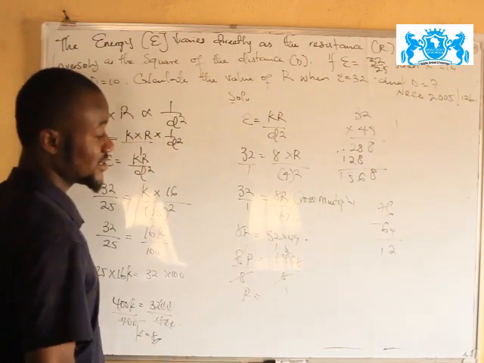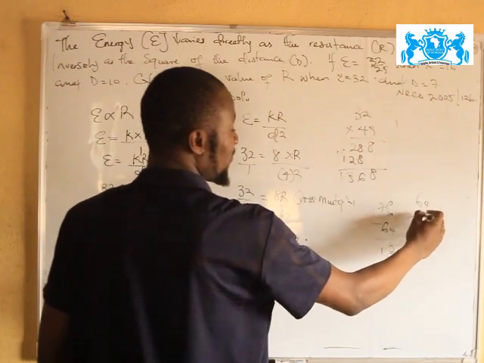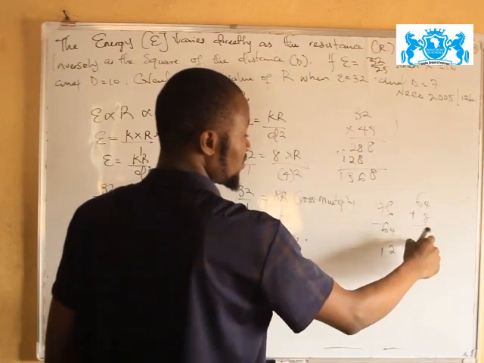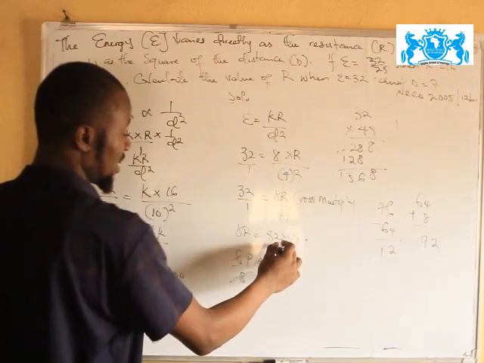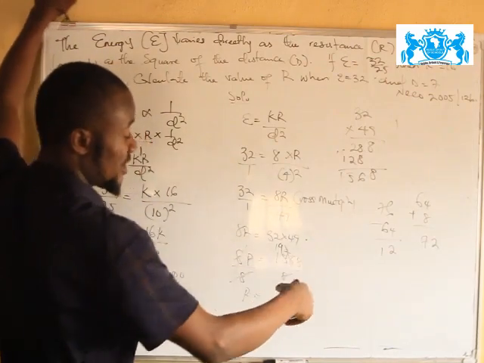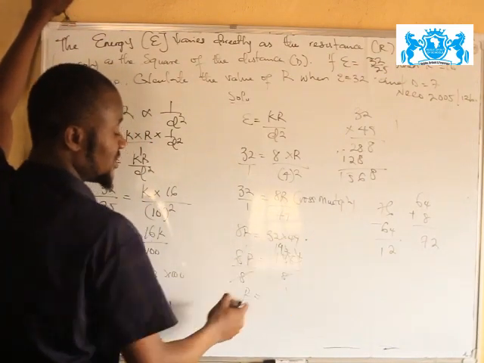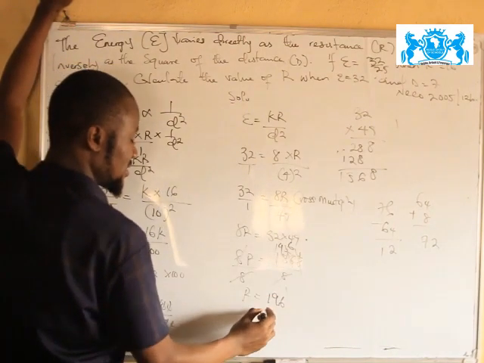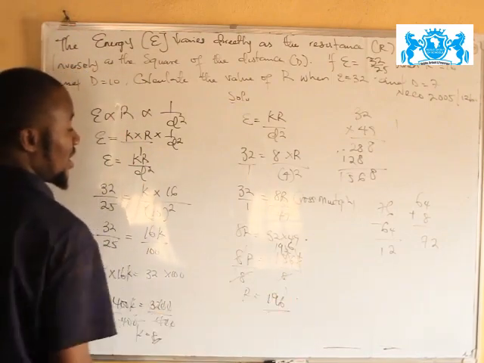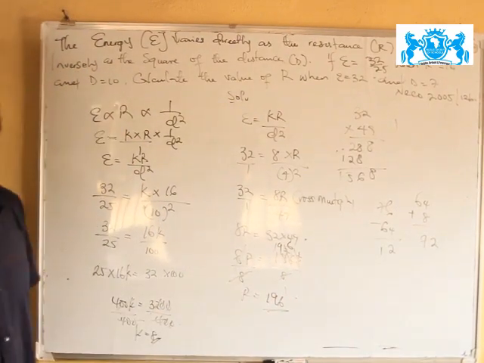There is still another 8. 8 times 9, we have 64 plus 8 will be giving us 72. So we'll be having 9 whole number remaining 4. Put the 4 here. 8 divided by 48 is now 6. So R is now 196. And that should be the final answer. That is the value of R. Thank you very much.